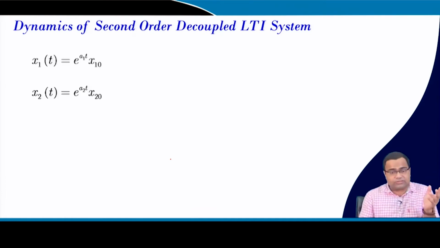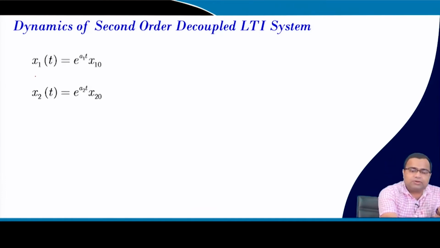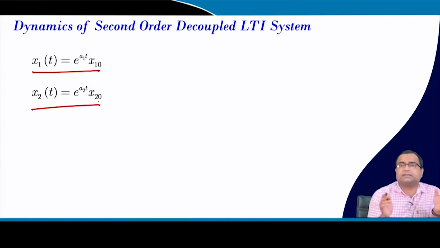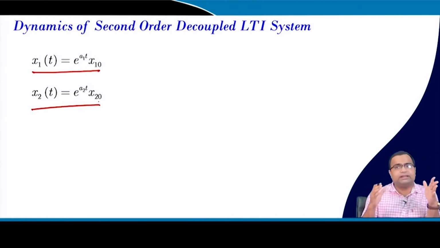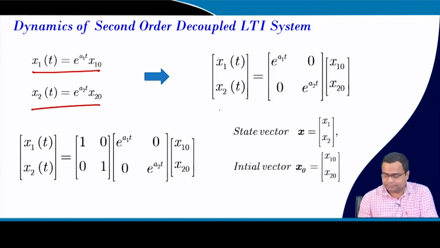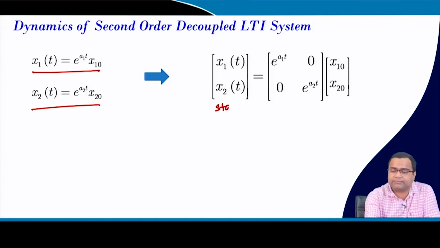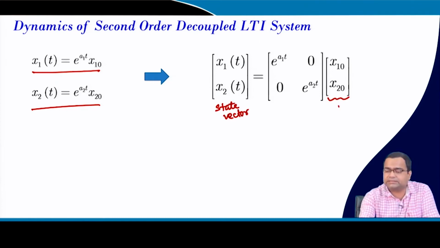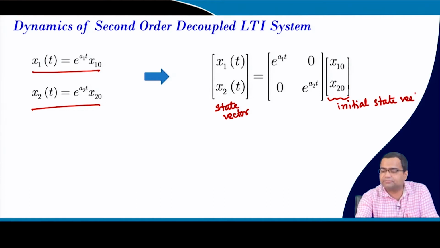Now, we have considered a second order system and we know the solution of the individual subsystems, which are first order, can be written in this form. Now, we can combine them together to create a kind of vector. So, this is like a state vector, and this is the initial state vector, or simply the initial vector.